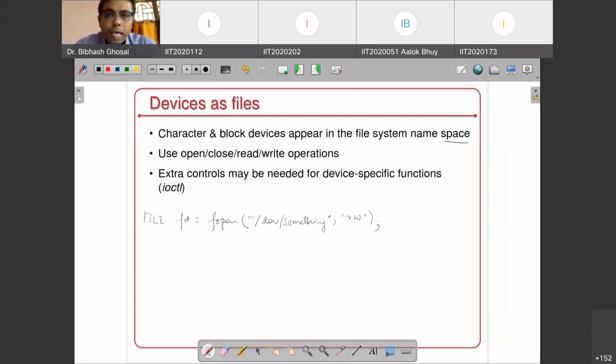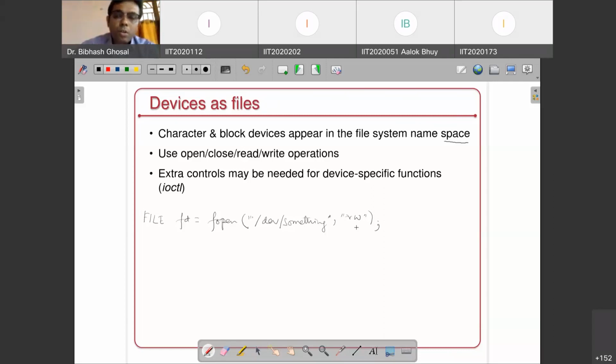So the same interface that you make use of for a file is the same thing that is used for a device. And interestingly, this particular interface is applicable for any device that you are going to access. You make use of the same system calls, open, pass the name of the file, which in this case is a device, and mention the mode in which you would like to access. In this case, it's read-write. So I would like to read something from the device, and I would also like to write to the device.